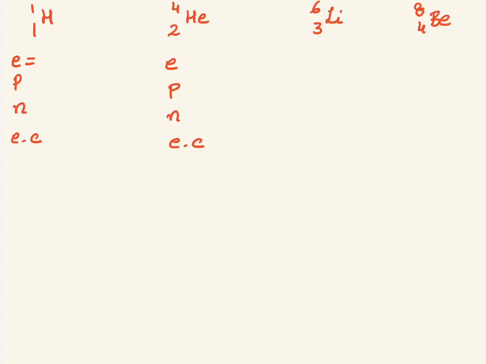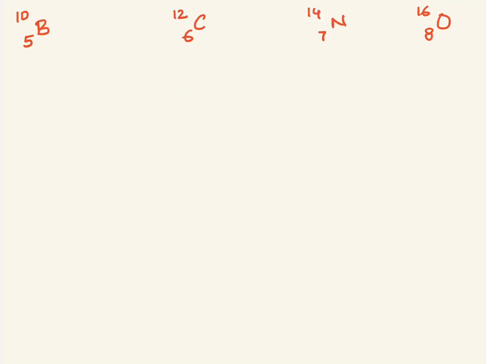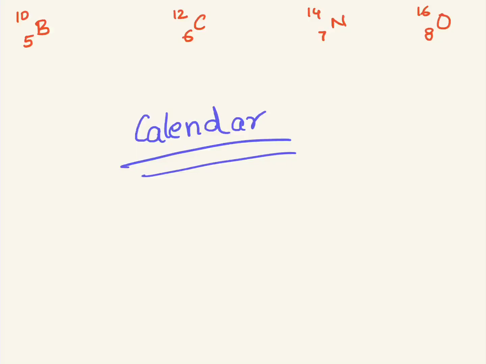Hydrogen, helium, lithium, beryllium. Go on, write their electronic configuration in the chart. If you have already drawn this chart on an old calendar which had been lying around at home, then nothing better than that because it saves you a lot of time. Go ahead. Very good to those who've already completed.